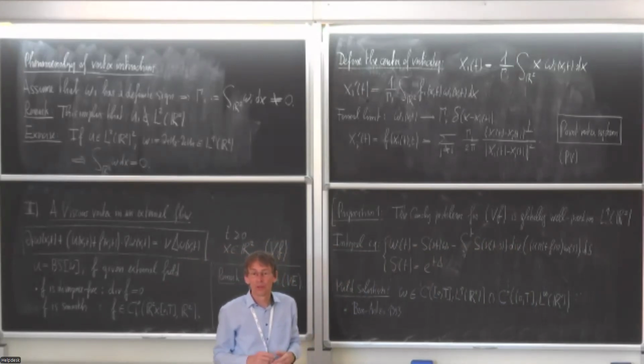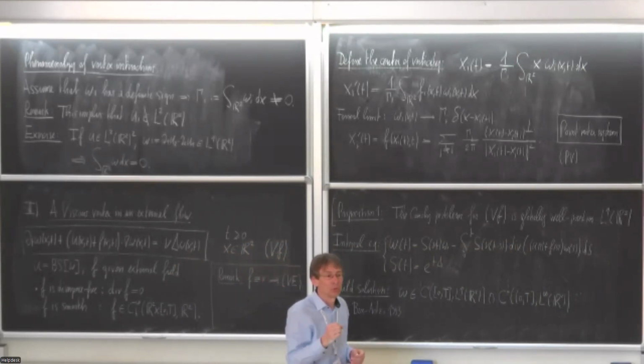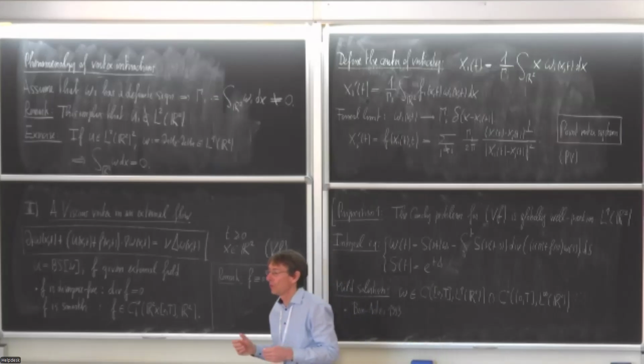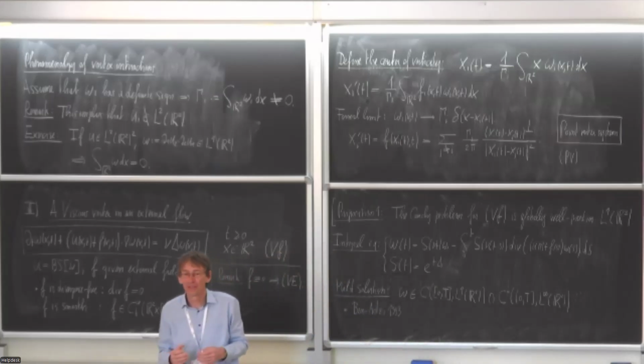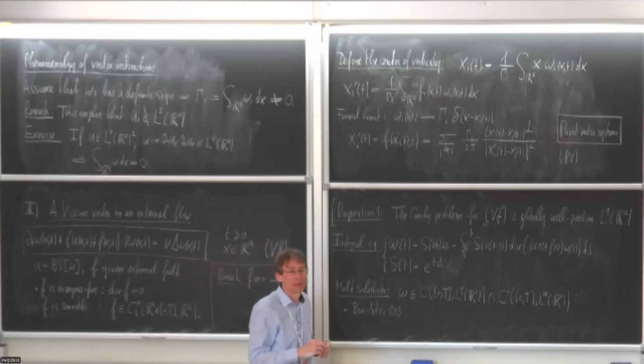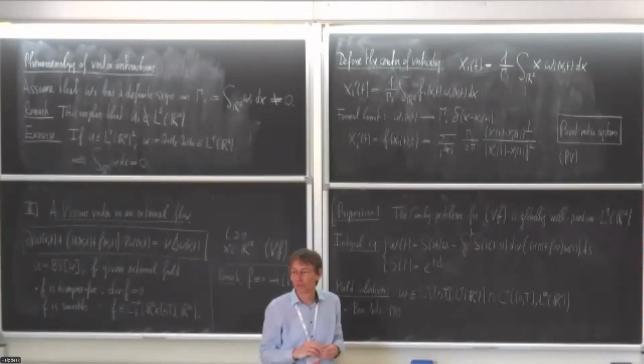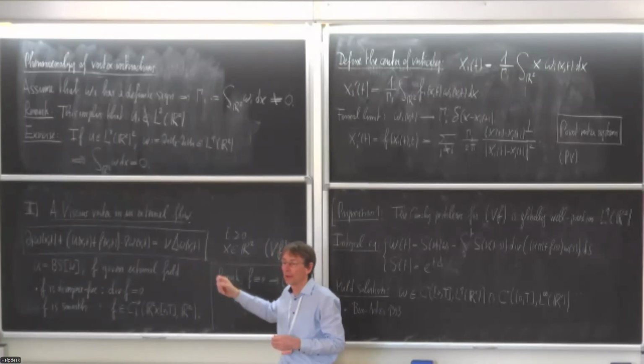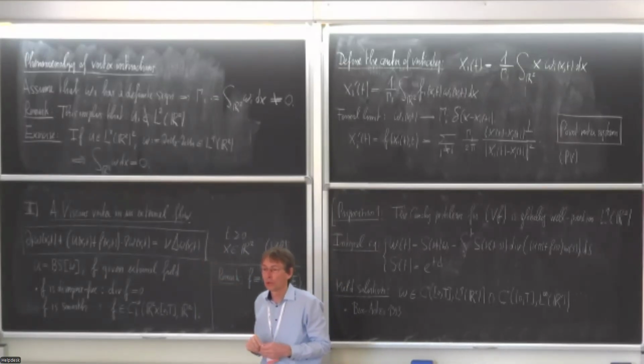Of course, we are considering vortices, so you have many vortices which are in L1, but if you want to start with point vortices, we have to go to measures, which is sort of the weak closure of L1. It has the same scaling, but it's a little bit larger. This I shall discuss tomorrow. Tomorrow we shall see that we can also start with a Dirac mass, and this is the problem we shall consider.